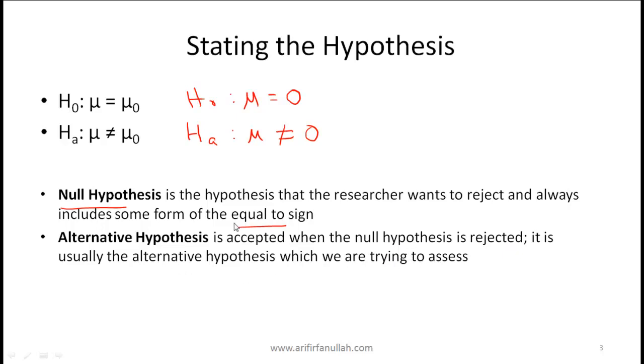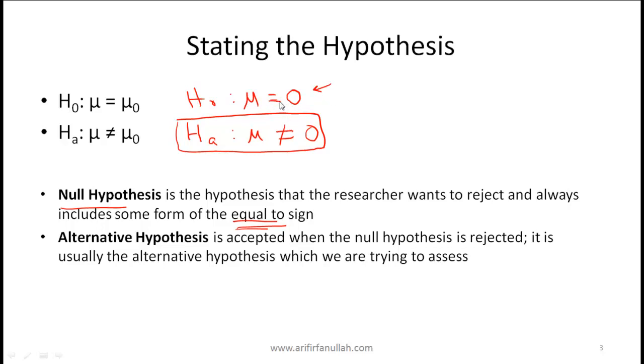So what do I mean by this equal to sign? Notice that what we are after is we want to show that, or we believe that the mean return is not 0, and hence that's the way we set up the alternate hypothesis. The null hypothesis then is set as mu is equal to 0, and we are hoping that we can reject this.